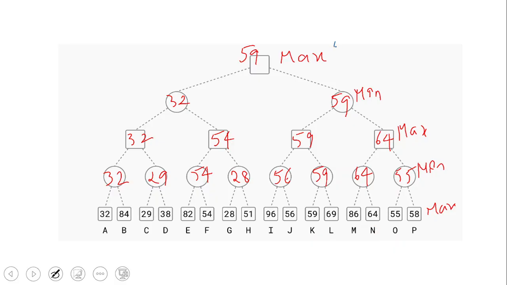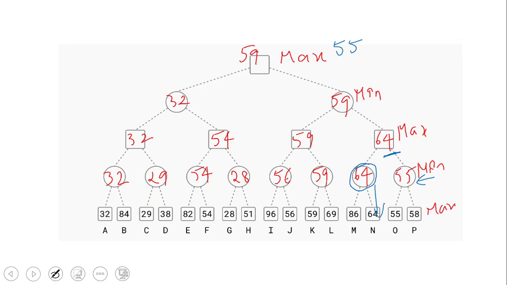If I want 55 to be the maximum here, then what do I need to reduce? Here I need to reduce this 64. This 64 has to be reduced.